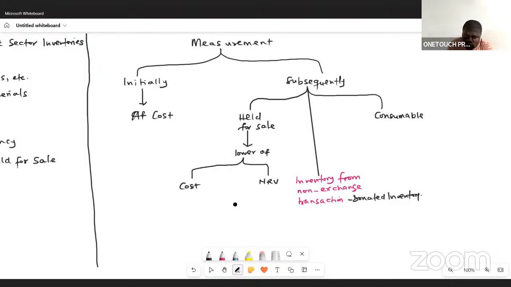But if it is a consumable, then it should be carried at the lower of cost and current replacement costs.